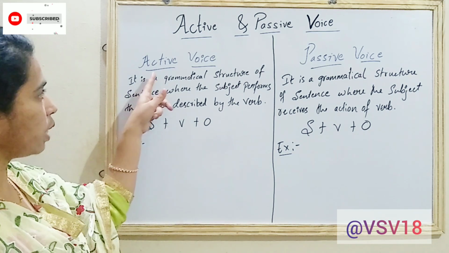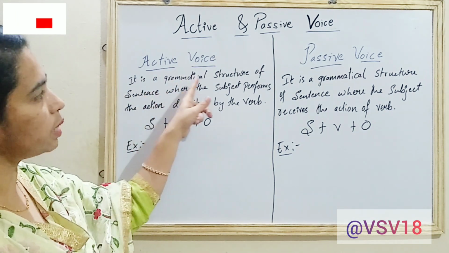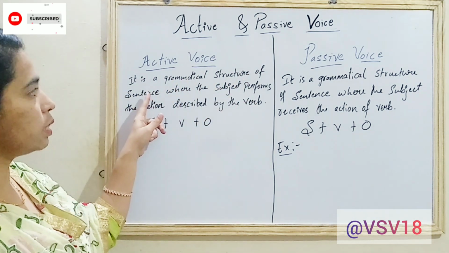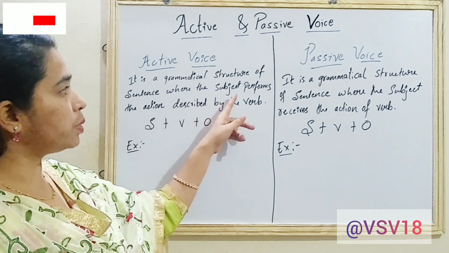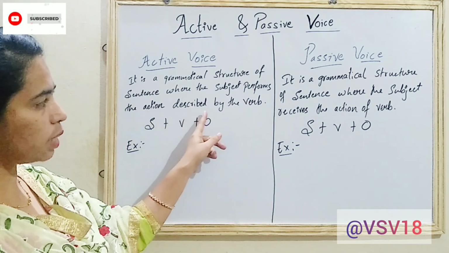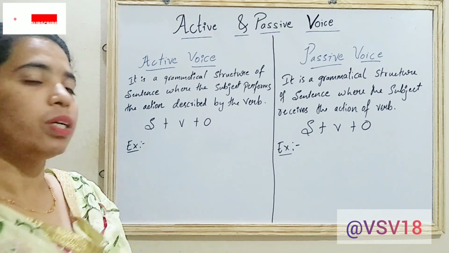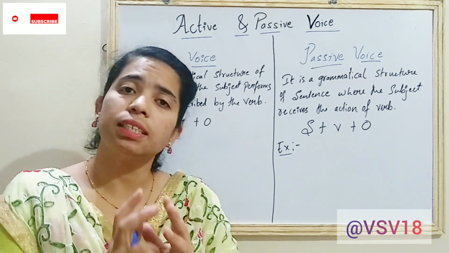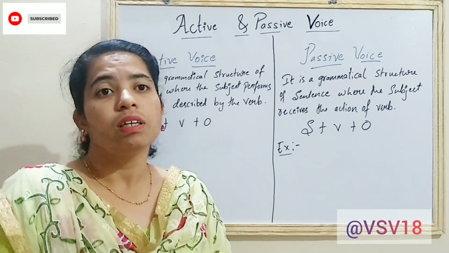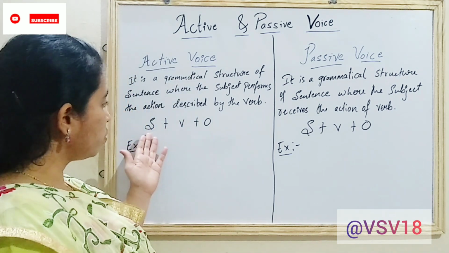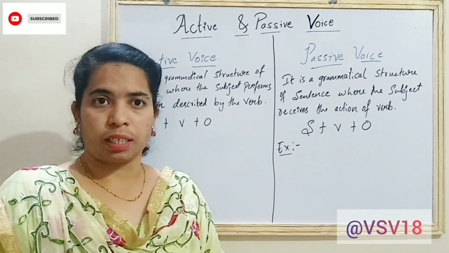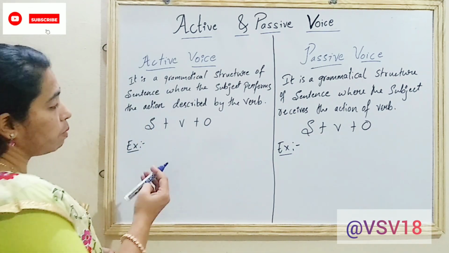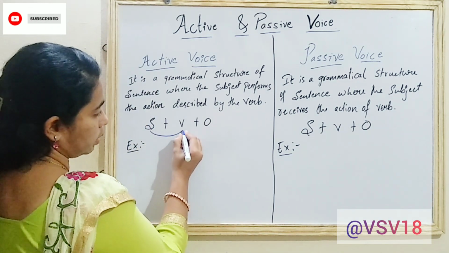So first one is active voice. It is a grammatical structure of sentences where the subject performs the action described by the verb. So what is an active voice? An active voice is a grammatical structure framed in an order of subject, verb and object, where the subject performs the main task.